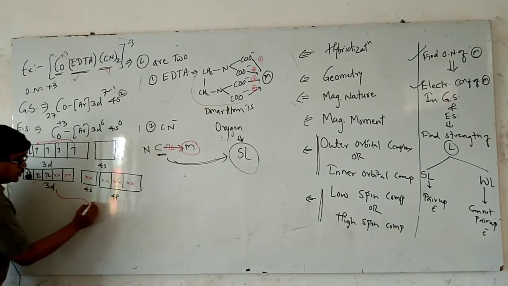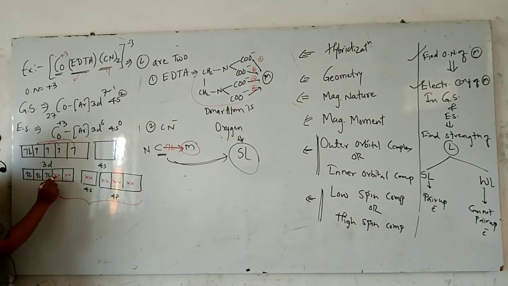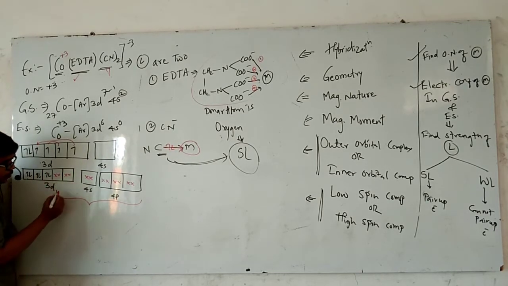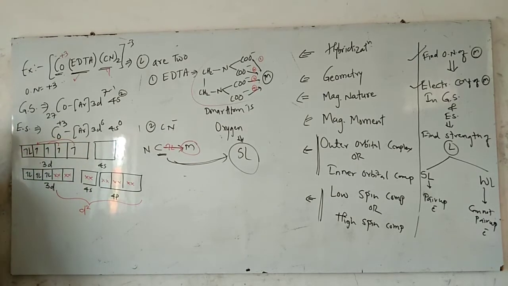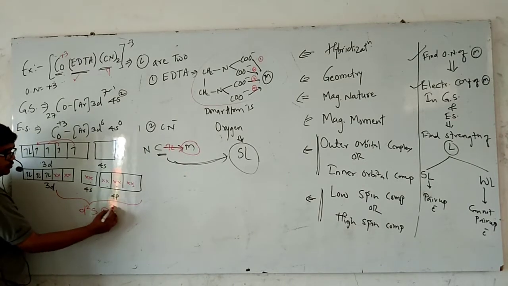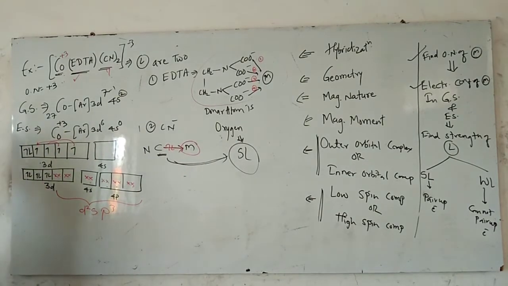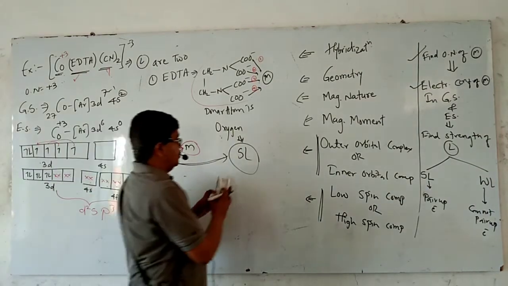Now see which orbitals are occupied by the electrons of ligand. Electrons of ligand occupied 2 blocks of d, so it will be d2, 1 block of s, and 3 blocks of p, so it will be p3. Now hybridization is d2sp3.